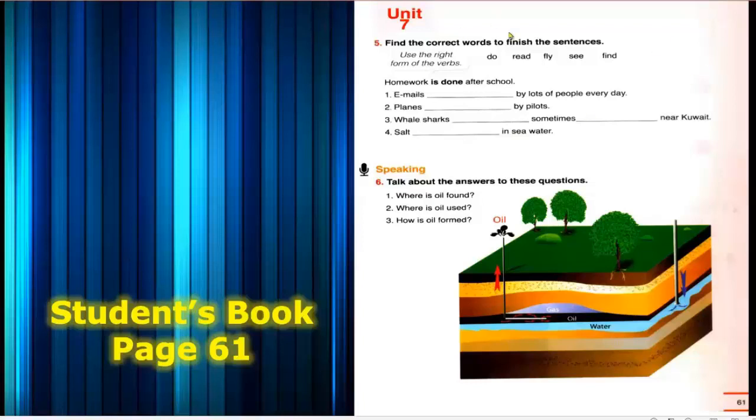Okay? The verb do is the first form. The second form of it is did. And the third is done. Do, did, done. Read, read, read. Fly, flew, flown. See, saw, seen. Find, found, found.